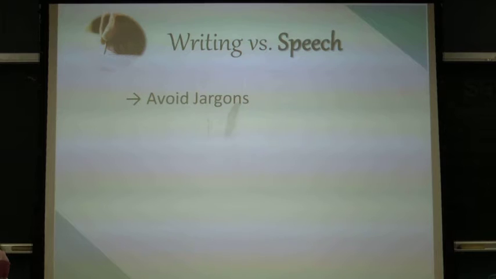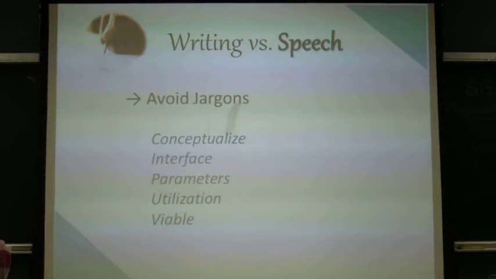And the third one, avoid jargon. Jargon is the words we use in our professional field. For example, here are some jargon words. Conceptualize, I think it's from psychology. Interface, parameters, maybe it's from math. Utilization and viable. These kinds of words sound cool, but may be hard to understand. So instead, we can change them into some words that we see more often in our daily lives.